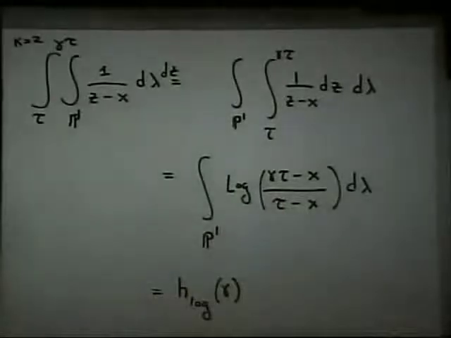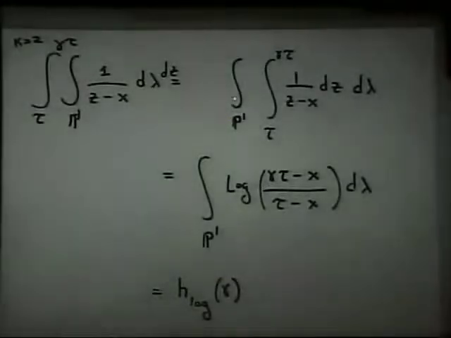On the top, I'm in weight 2 just for simplicity, so I have no polynomial. It's just a constant coefficient thing. You remember the h log thing was the integral from tau to gamma tau of this integral, 1 over z minus x d lambda. That's the rigid analytic modular form recovered from its boundary distribution by this Poisson integral.